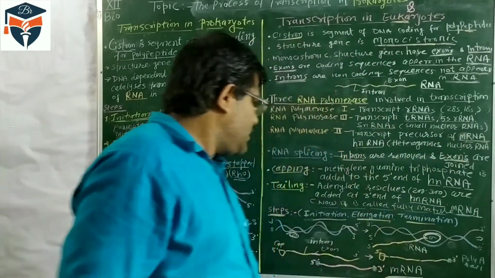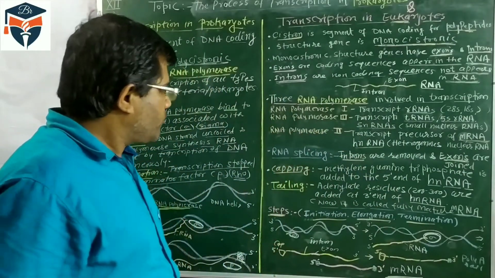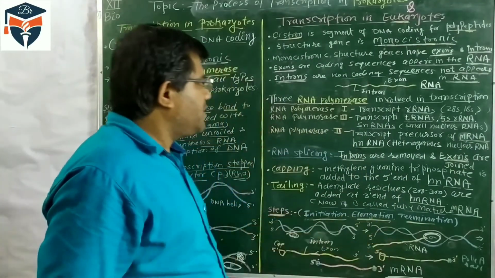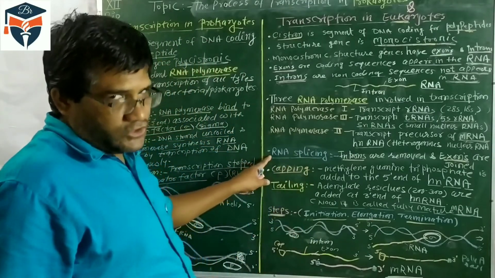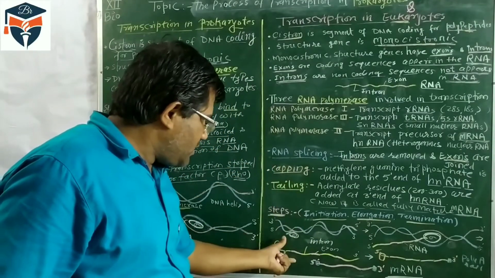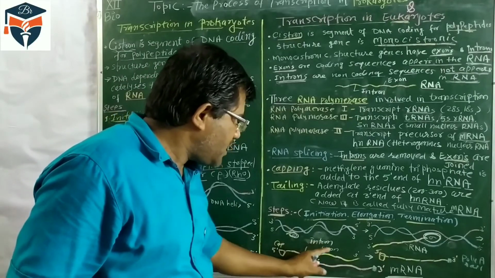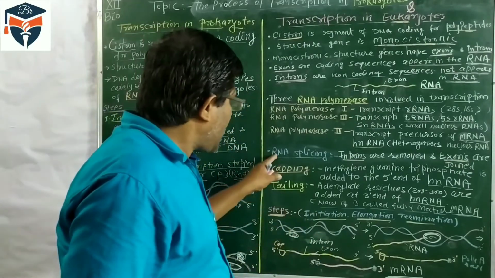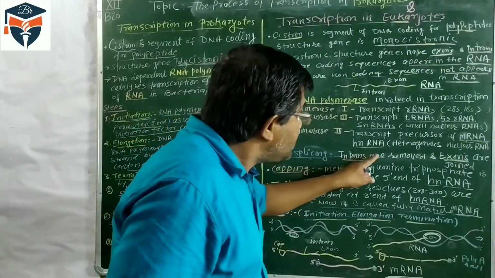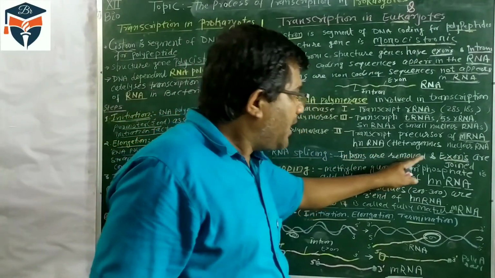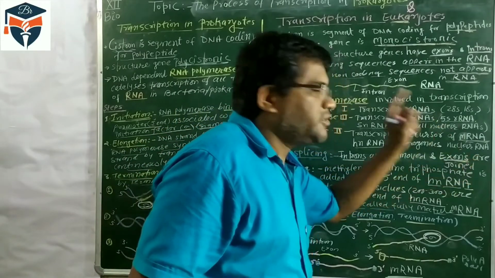Once the RNA is formed, now what happens? RNA splicing is one process. This RNA molecule is formed and here intron and exon are both present. What is RNA splicing? Introns are removed and exons are joined.